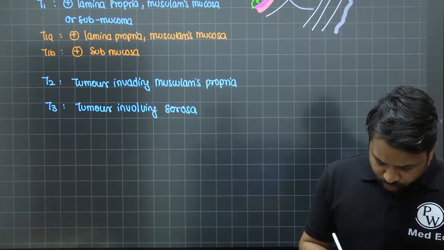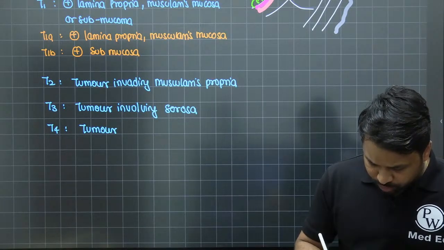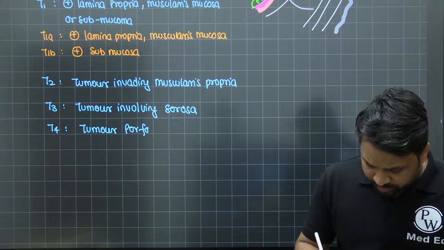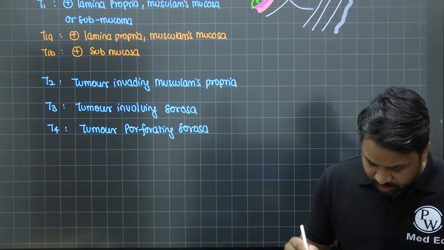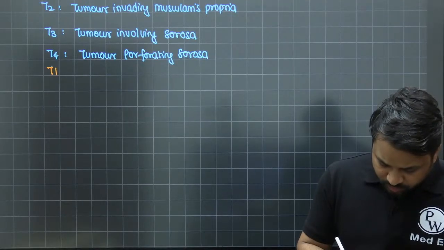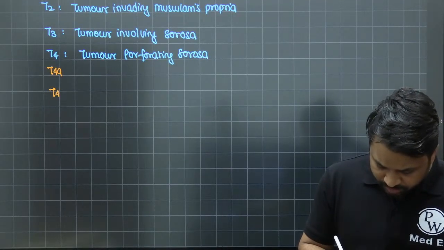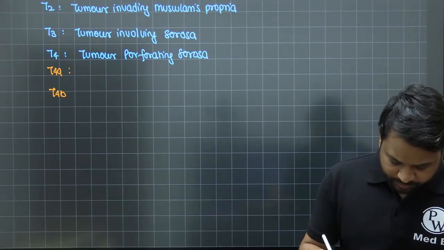T4, if the tumor perforates serosa. The tumor is perforating serosa, it is called T4, which is subdivided into T4A and T4B. Now, what is T4A? T4A is just if it perforates serosa.